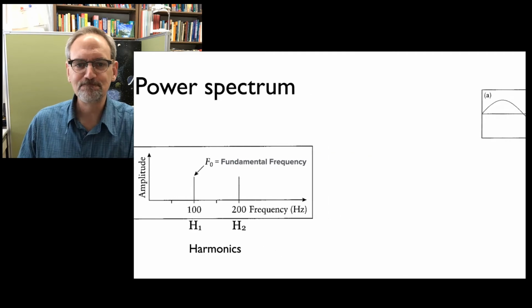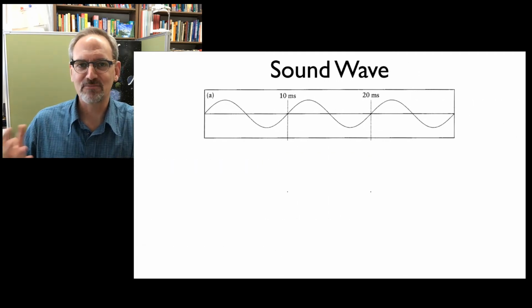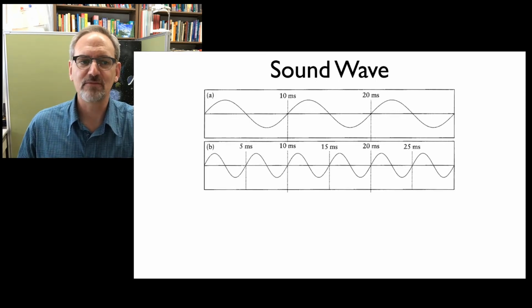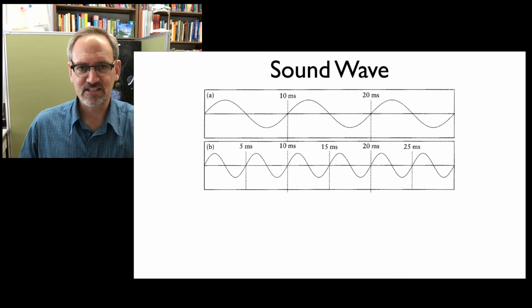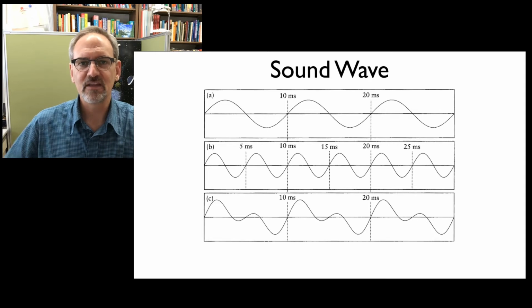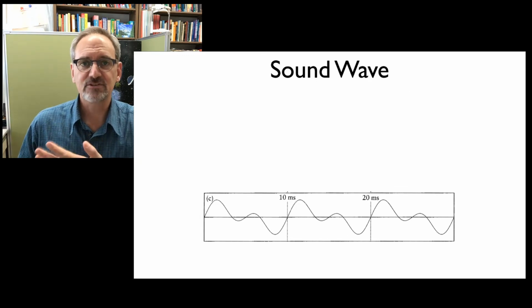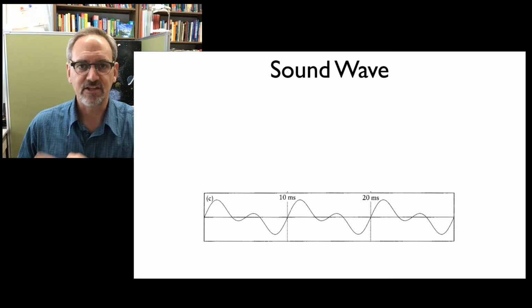Now, returning to our familiar vibration that repeats itself every 10 milliseconds, which of course is a 100 hertz vibration. And we've seen this one before, a 5 millisecond vibration, which repeats itself 200 times every second, so a 200 hertz vibration. Together they create this complex vibration, which is actually the vibration in the air that you hear.